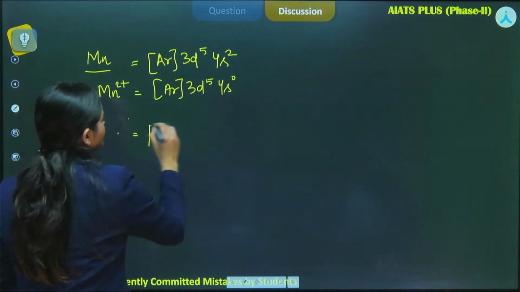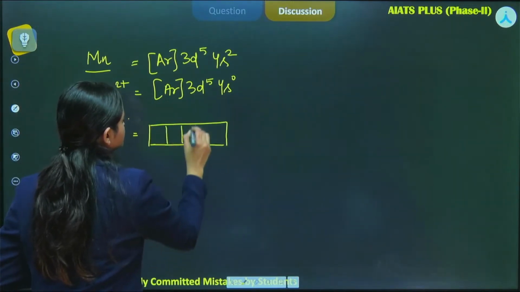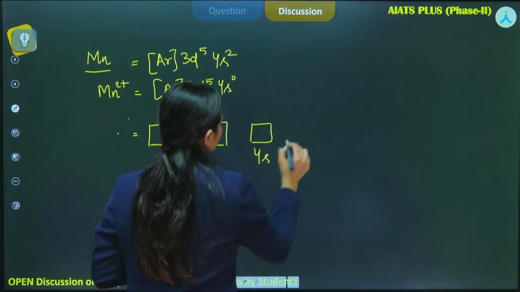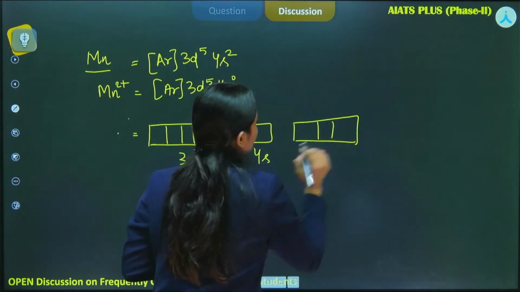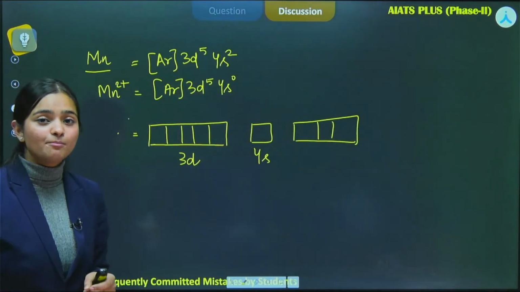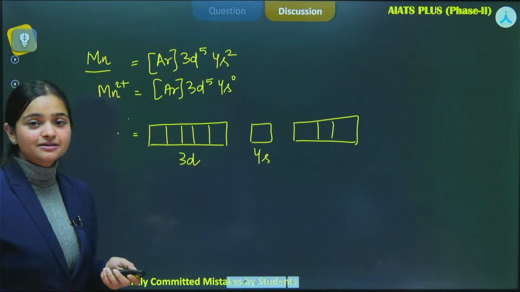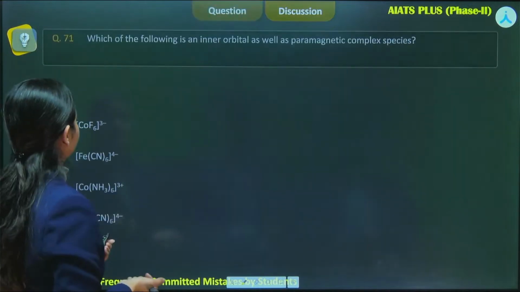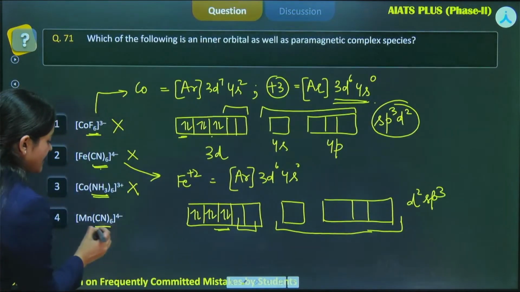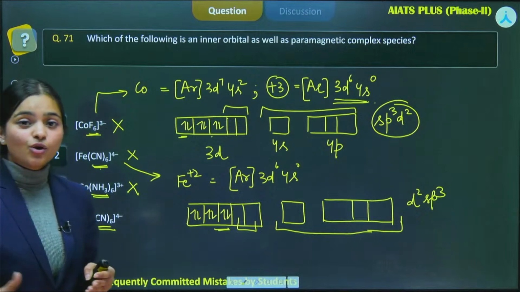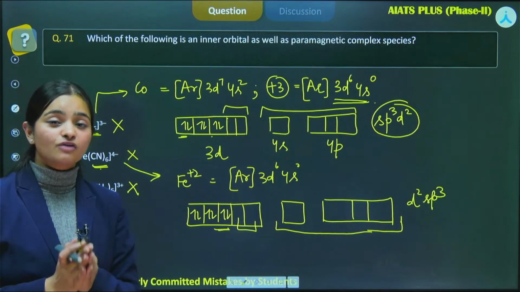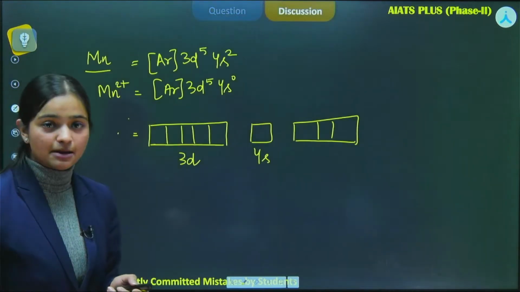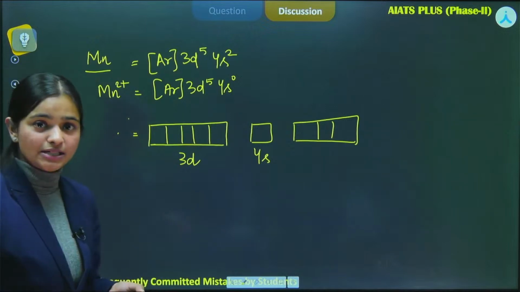Now suppose this is the 3d subshell, 4s and 4p. What was the complex? The metal was manganese and the ligand was cyanide, right? Now CO and CN are basically among the strongest field ligands. So it will definitely try to pair up all the electrons.